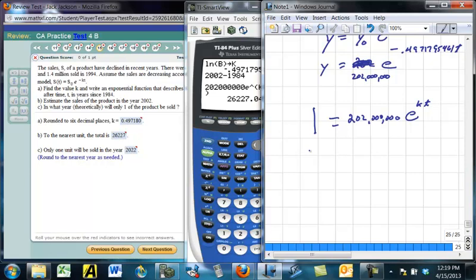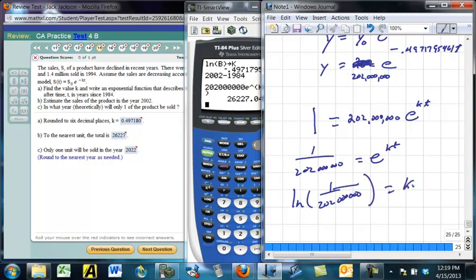And so we want to divide. That's e to the kt. We're solving for t, so we do a logarithm. That's kt, and so t is that divided by k. That gets rid of the k.